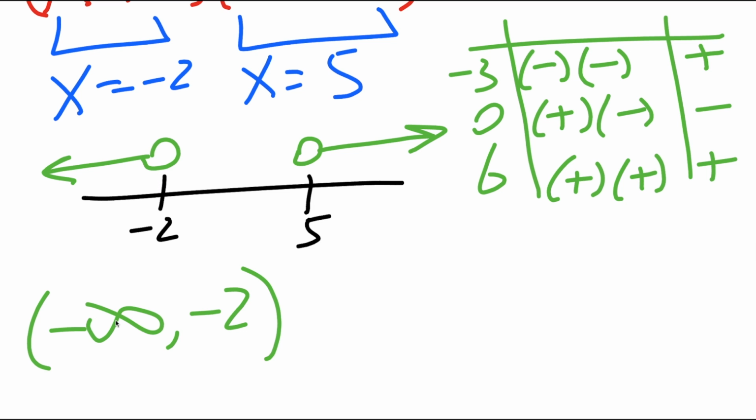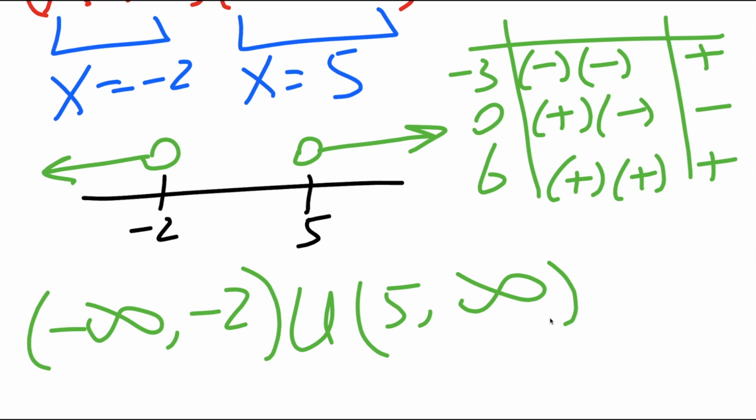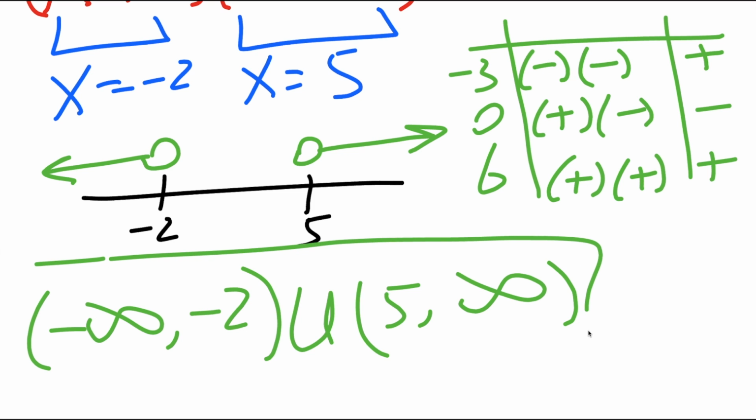So it's all the values from negative infinity all the way to negative 2, but not including negative 2, because at negative 2, it's 0. Then you put the word union. Then you do another parenthesis, 5 to infinity. Same reason: at 5 you get 0, and you want a number bigger than 0. And it goes all the way to infinity, and you can never reach infinity, which is why infinity has a parenthesis. So this right here is our final answer.